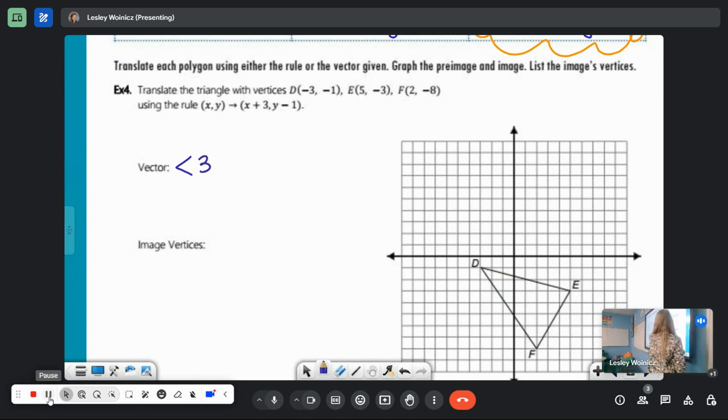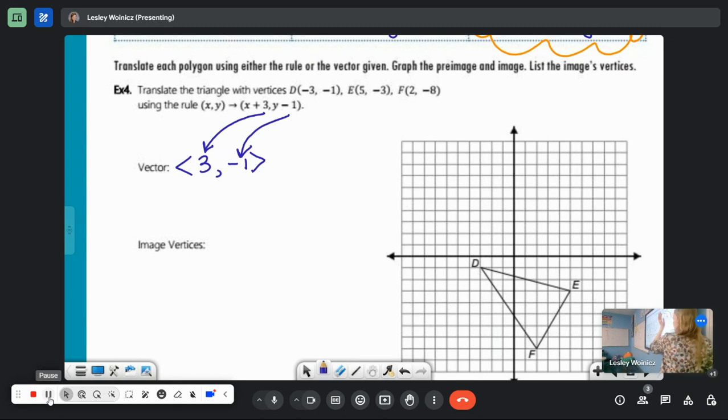Okay, what would the B be? I'm not adding 1, negative 1, I'm subtracting 1. Good. Everybody see where those came from?